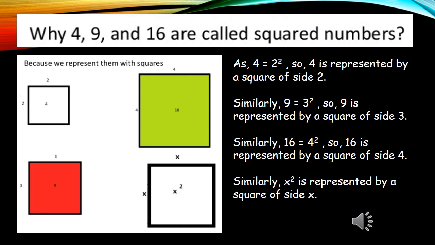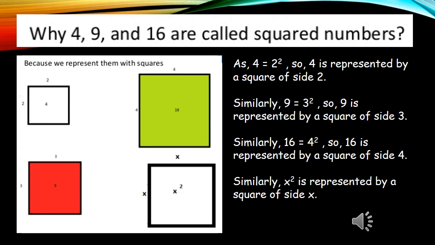Now, we know that perfect square numbers are 4, 9, 16, 25, 36, 49, etc. But why are they called perfect squares? Because these numbers can be represented geometrically with squares.